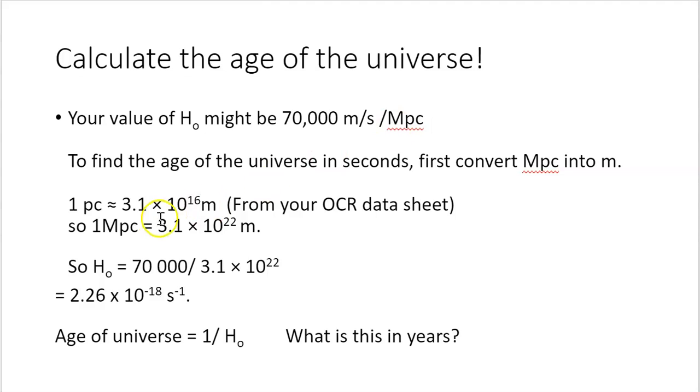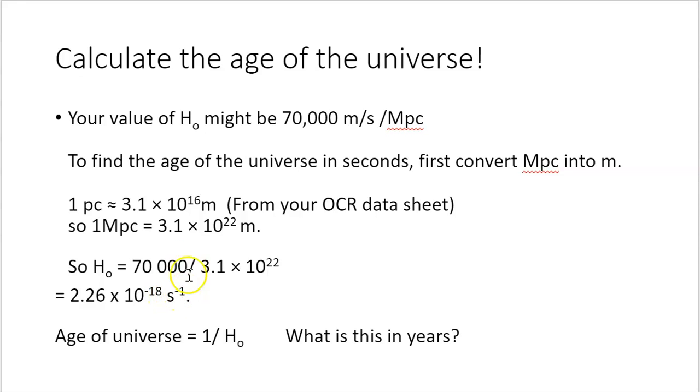Now, a megaparsec is given down here as a number of meters, so by converting your value of the gradient into speed divided by distance in SI units, you can get a value for the Hubble constant in per second.